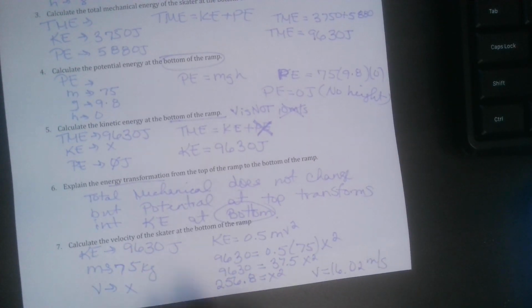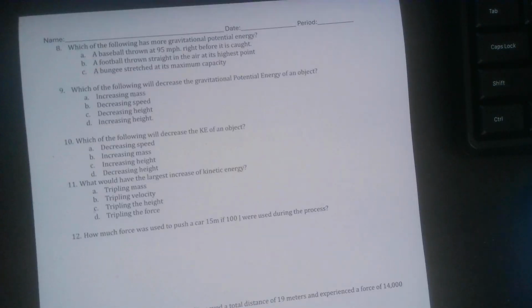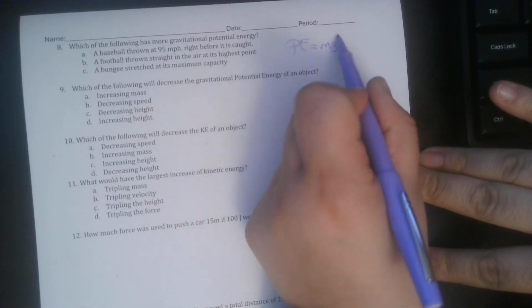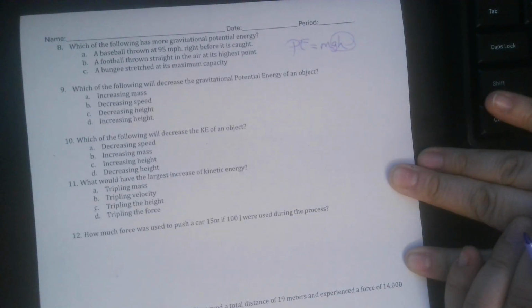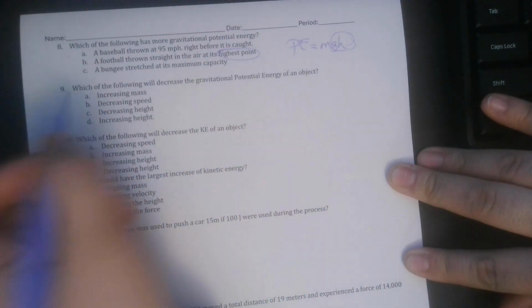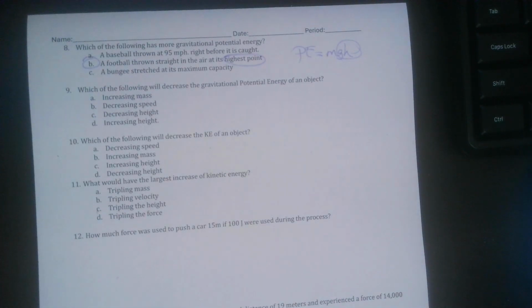On to the back. Which of the following has more gravitational energy? More gravitational energy, PE equals mgh, has to do with height. So whichever one has higher point will be the answer. Which of the following will decrease the gravitational potential energy of an object?